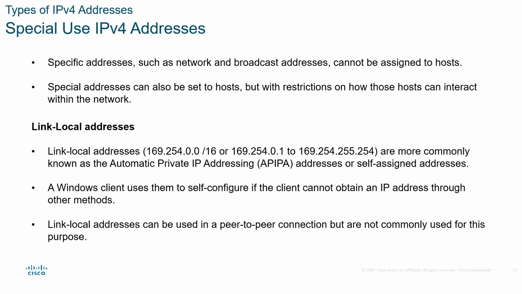They are self-assigned. A Windows client uses them to self-configure if the client cannot obtain an IP address through maybe DHCP or statically. A link-local address can be used in a peer-to-peer connection, but is not commonly used for this purpose.